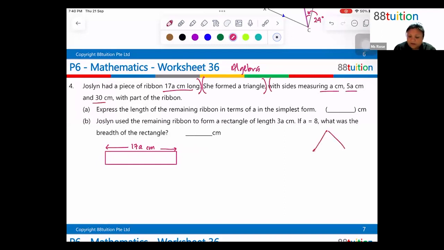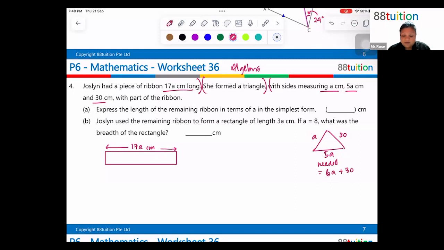It doesn't matter whether it is a scalene triangle like this or one side is shorter than the other, so long as you know the dimensions. So what is the length needed? Needed will be 6A plus 30.